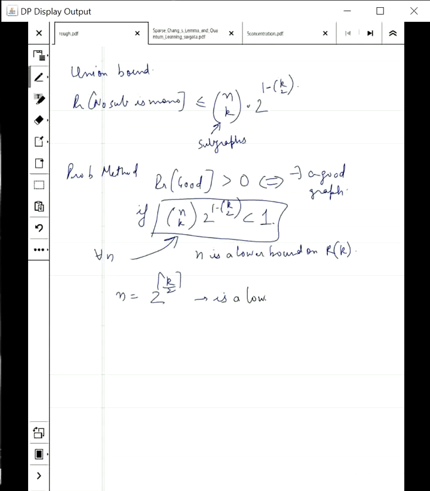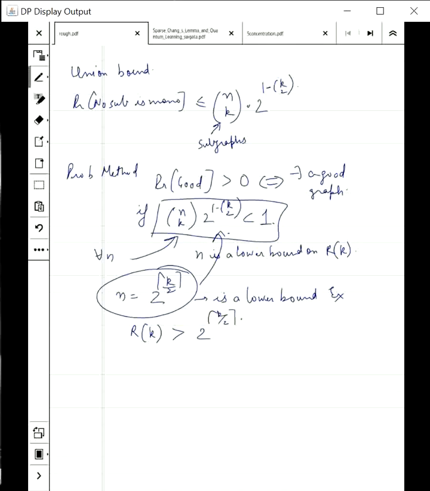As an exercise, we can prove that this satisfies this equation. So we got a non-trivial lower bound. K plus 1, all those we can prove, but here we have got a much bigger lower bound on the Ramsey number. So we have shown that Rk should be at least 2 to the k by 2.